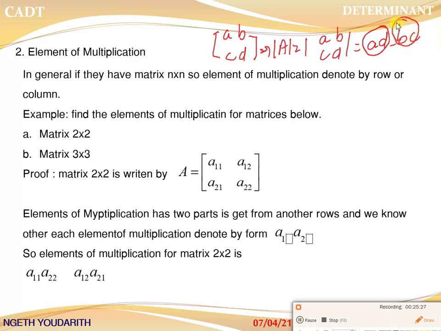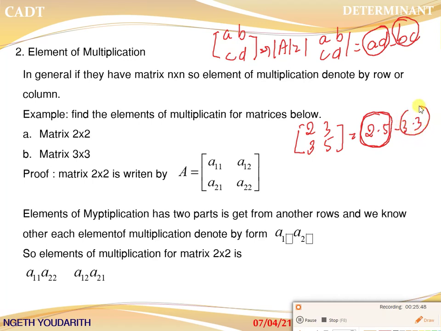Example, you have 2, 3, and 3, 5. You have 2 times 5 minus 3 times 3. This is the multiplication of elements, or element of multiplication.